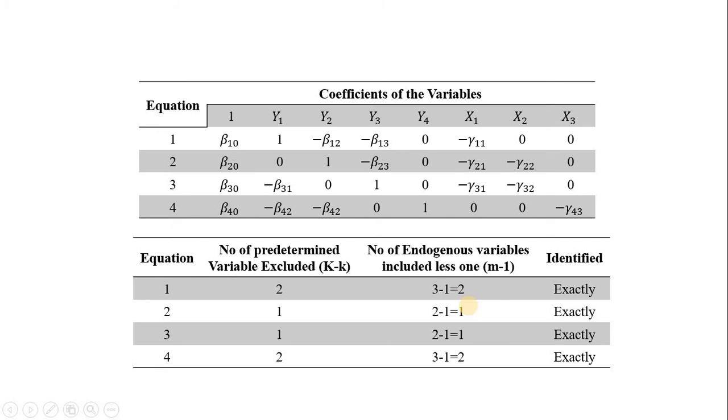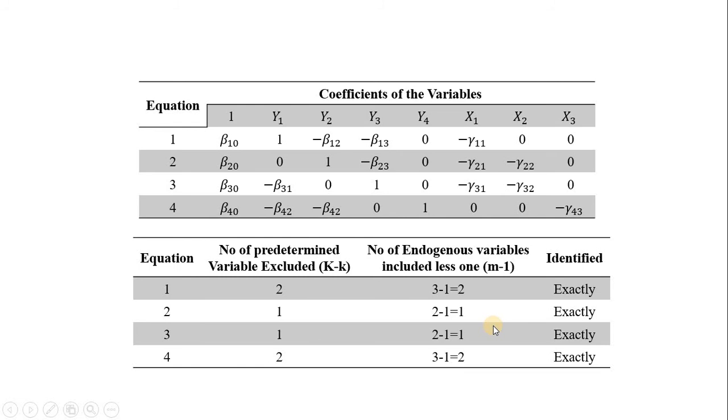So K minus k is equal to 1, m minus 1 is equal to 1. So it is also exactly identified. Look at the third equation. K minus k: only one, x3 only. Then m minus 1: endogenous variables 1, 2. 2 minus 1 is equal to 1, so 1 is equal to 1. So the third equation is also identified.